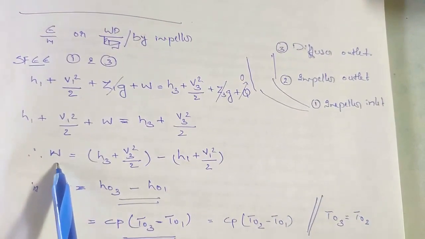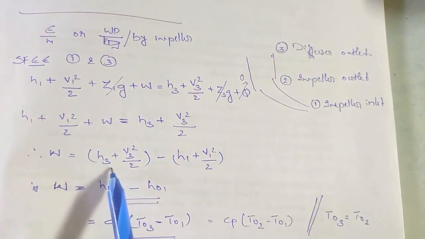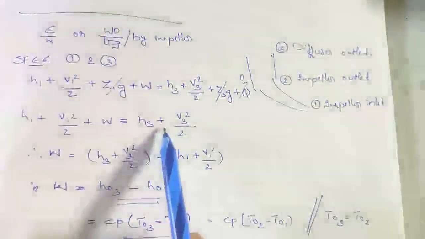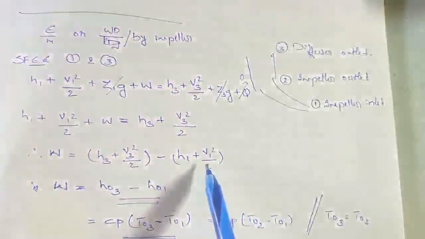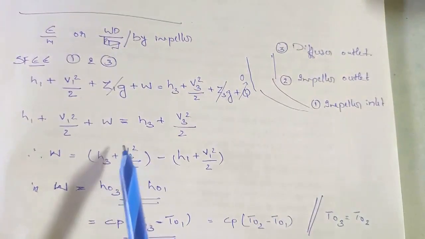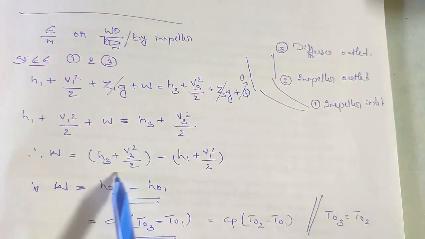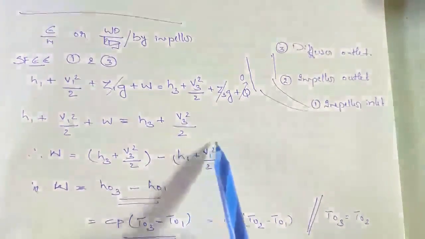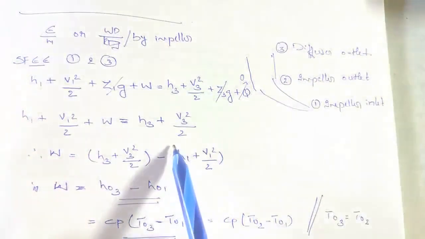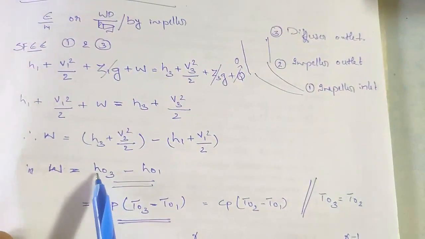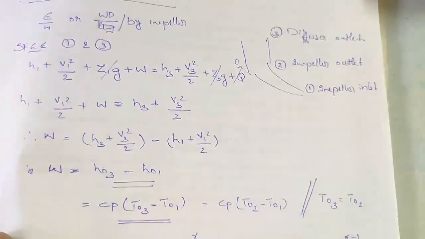Then H1 plus V1 square by 2 plus W is equal to H3 plus V3 square by 2. So W is equal to H3 plus V3 square by 2 minus H1 plus V1 square by 2. That means this is the stagnation enthalpy at 3 and this is the stagnation enthalpy at 1, expressed as H03 minus H01.